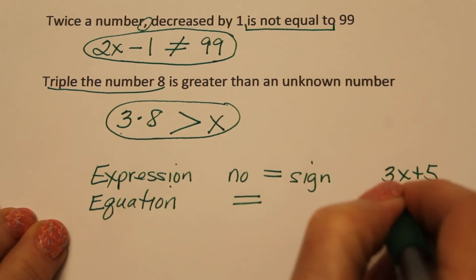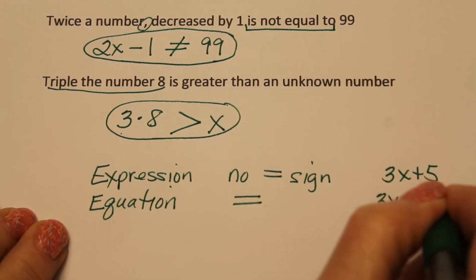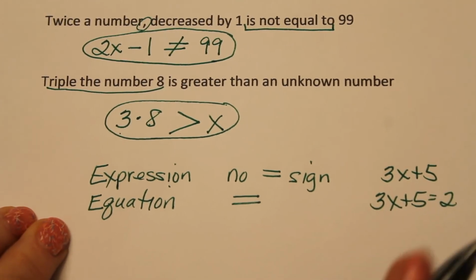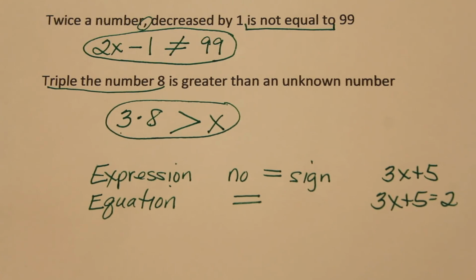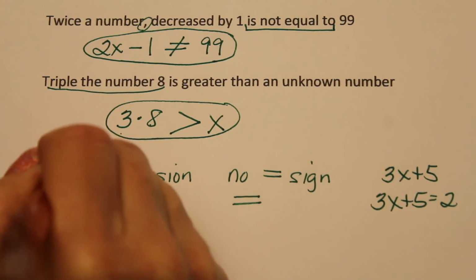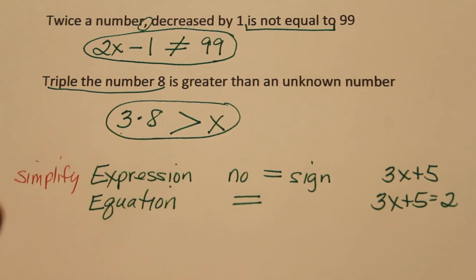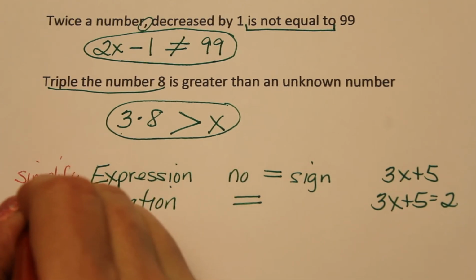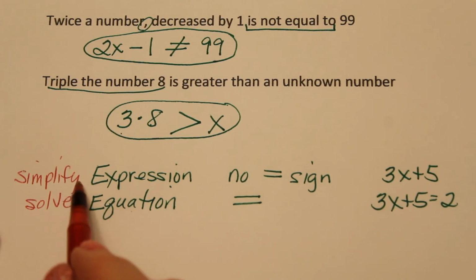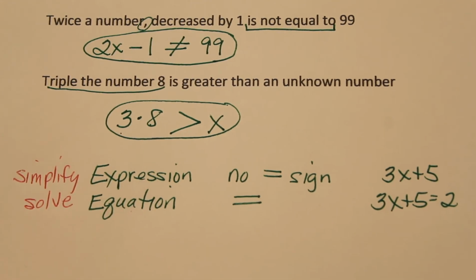So 3x plus 5 equals 2. That would be an equation. Why is this important? The instruction you'll see for an expression will be simplify. You simplify expressions. The instruction for an equation will be solve. You solve equations, you simplify expressions.